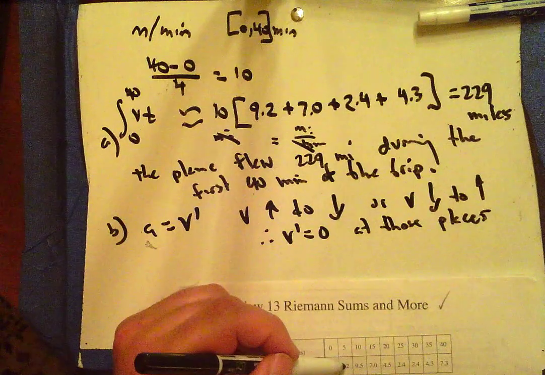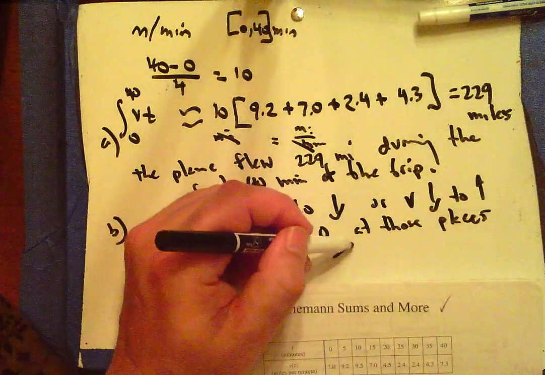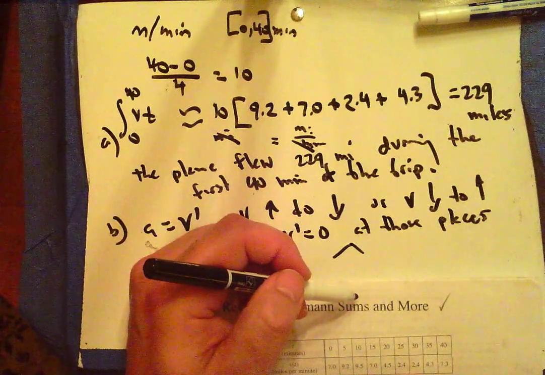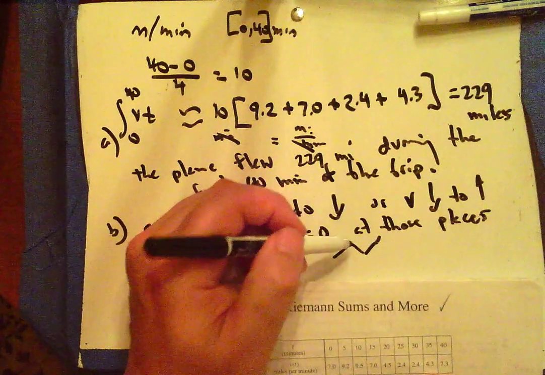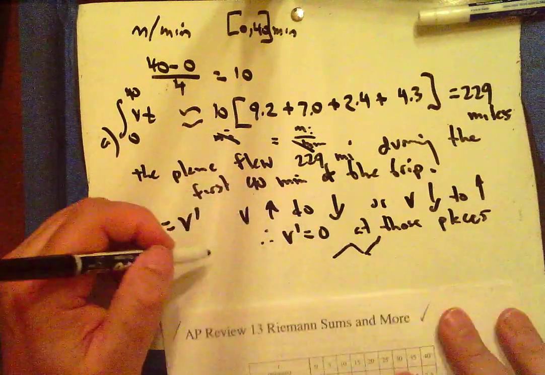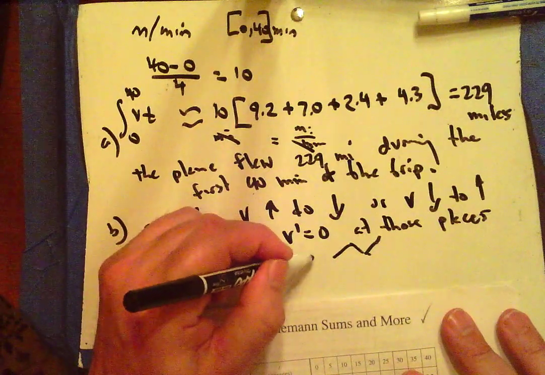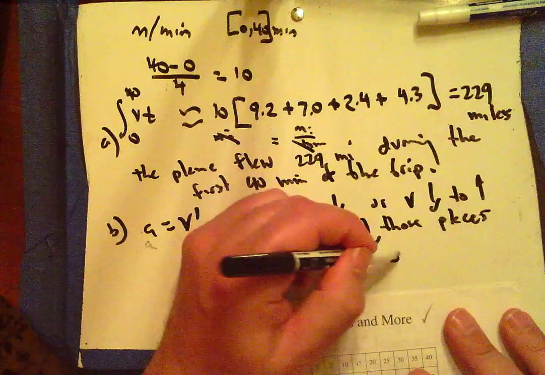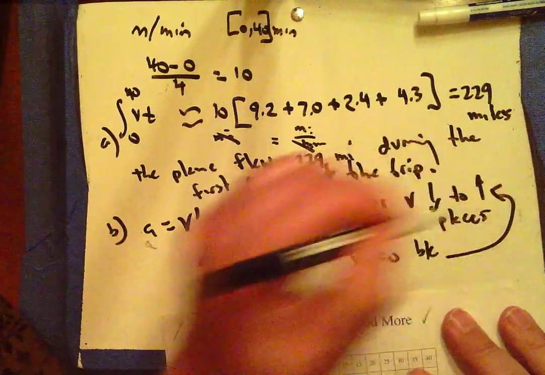We seem to be increasing, but now we're decreasing, and then we're still decreasing, and then we're increasing again, and so I would say at least twice v prime equals 0 because of that.